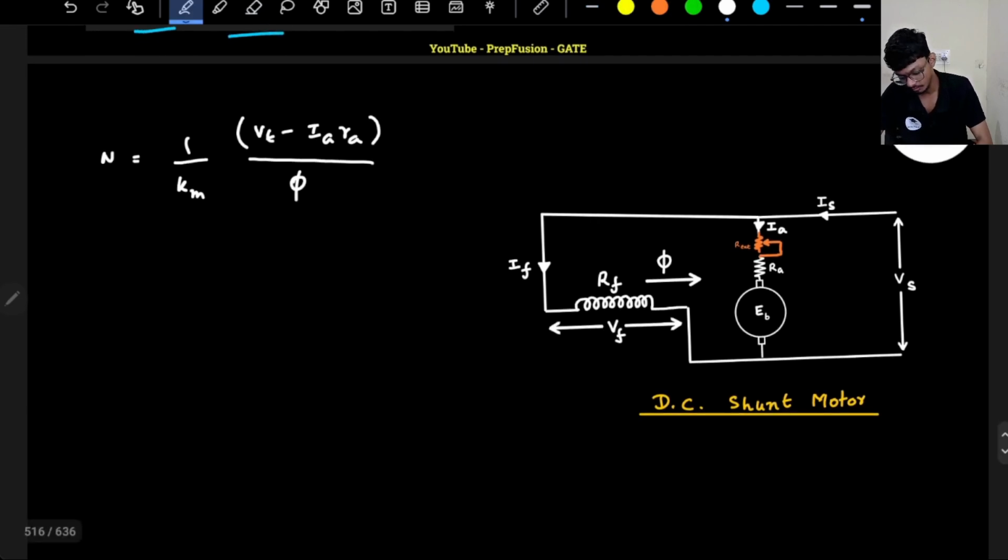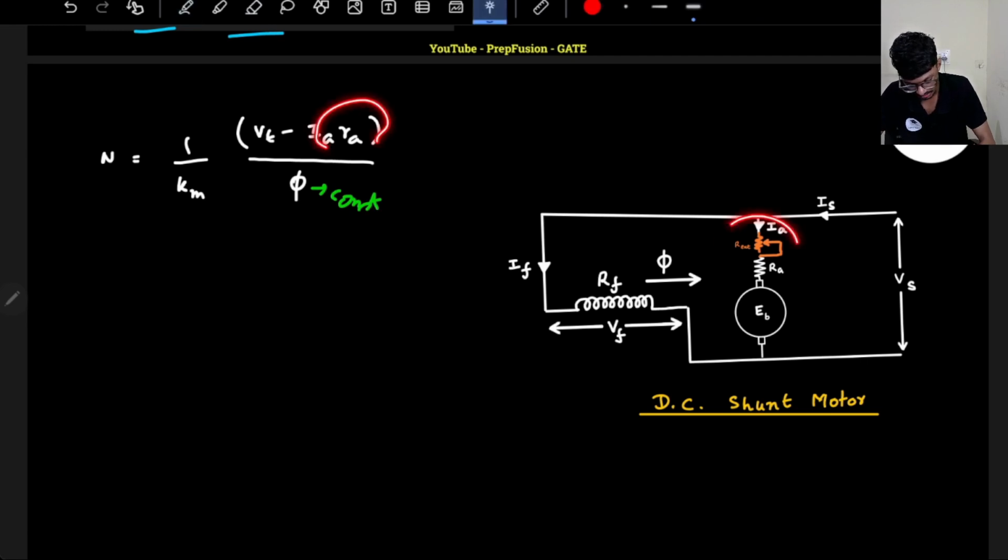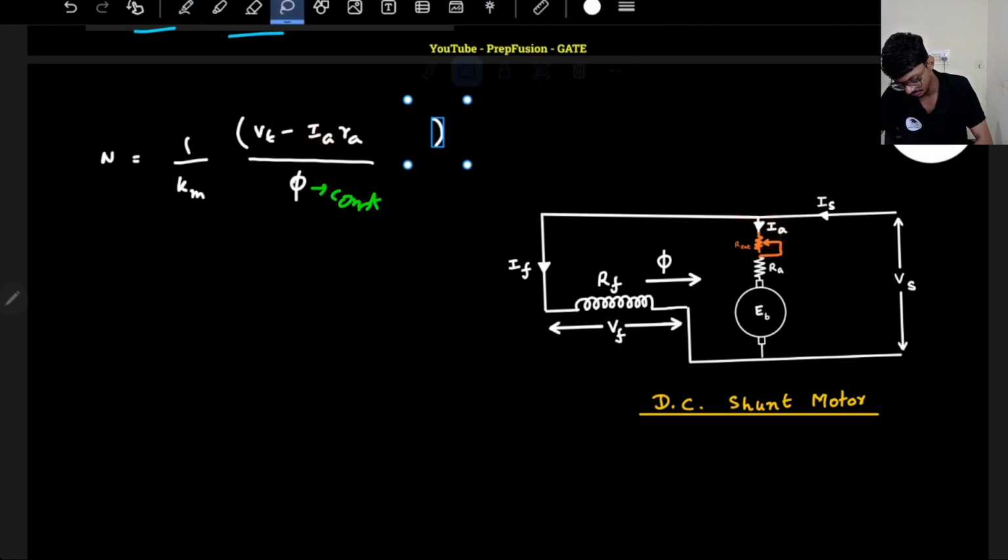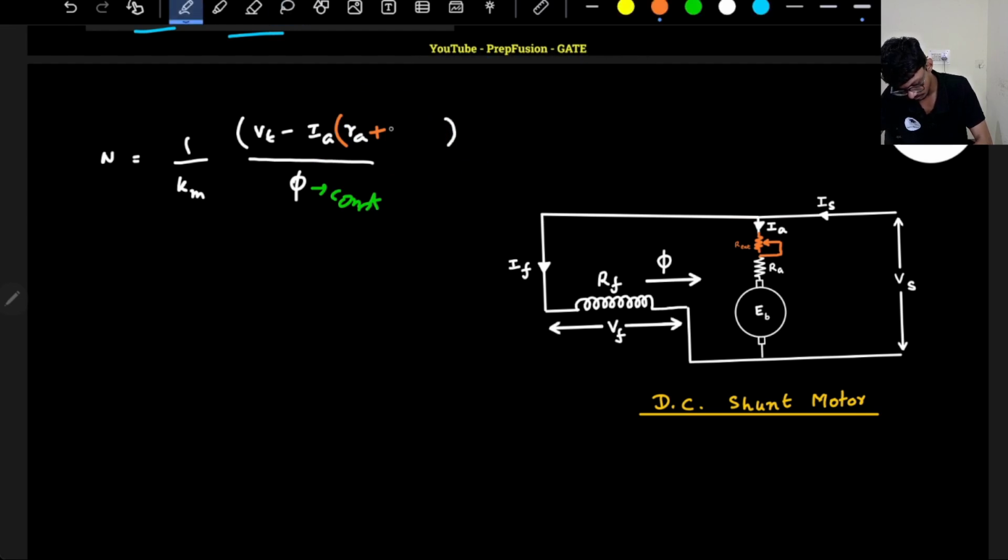Of course, the flux is constant. We are not changing the flux here. What we are doing is adding an additional R external here. So the IARA drop has become IA into Ra plus R external.